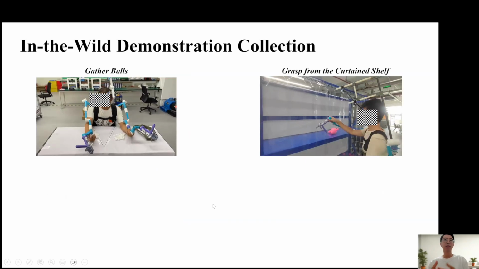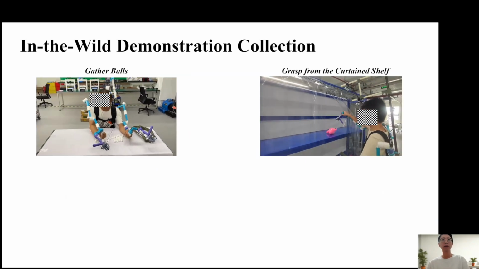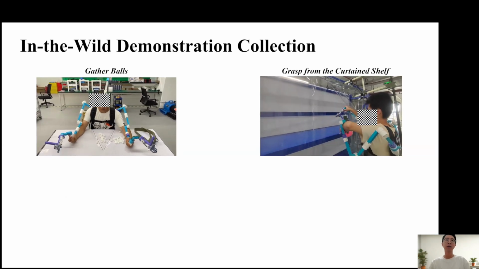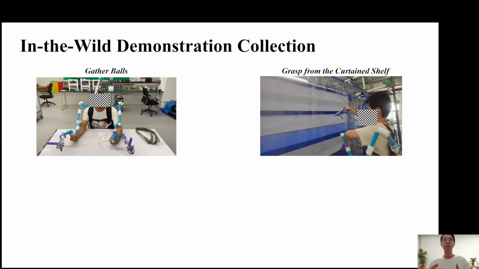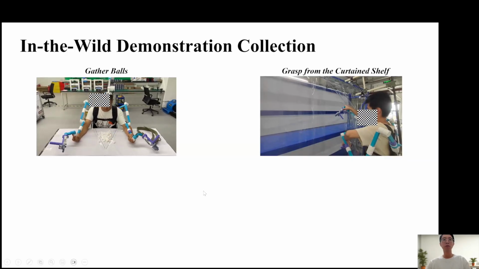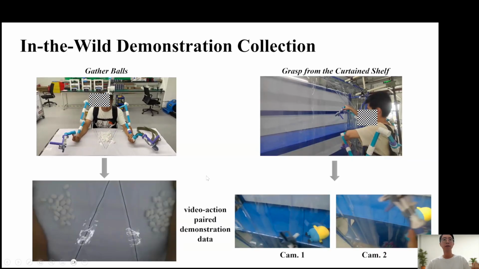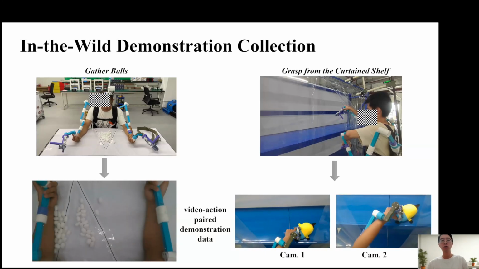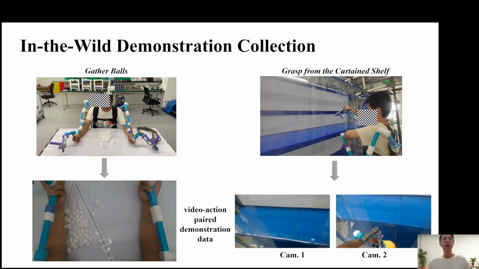With Air Exo, you can just mount some cameras on top of the exoskeleton to serve as the global camera. And when you do daily manipulation, you can record the data. For example, here we showed some video action paired demonstrations we collected.